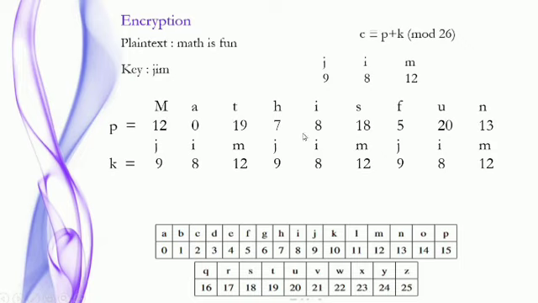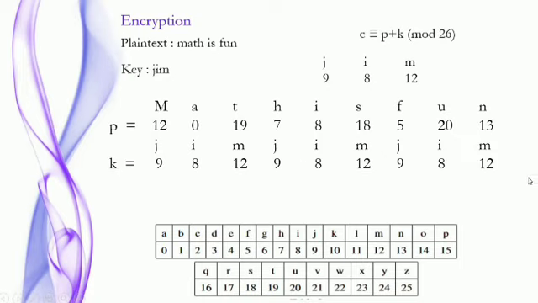The corresponding numbers have been written here, which is considered as P because P is the plain text. Now the key is repeated until we write out the original message, right? There is no limit for the key length. As far as the plain text goes, this key JIM will be repeated. I mean 9, 8, 12, 9, 8, 12 will be repeated.